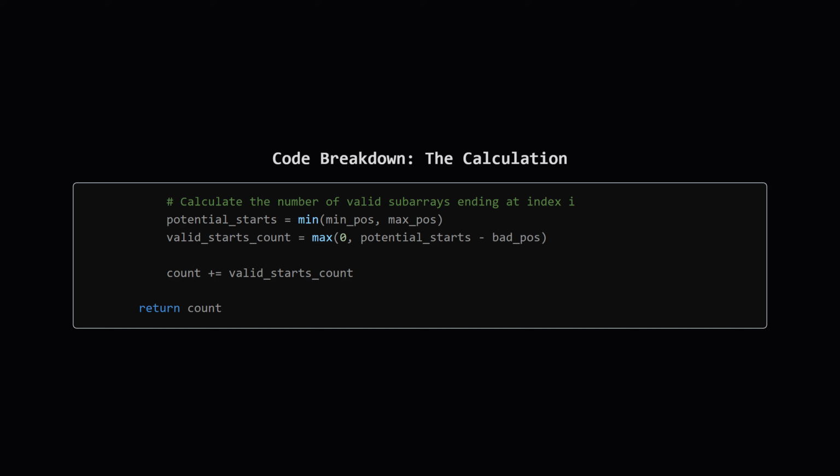That count is potential_starts minus bad_pos. We use max(0, ...) to ensure we don't add a negative number, if, for example, we haven't found both minK and maxK within the current valid window, i.e., since the last bad_pos. Finally, we add this valid_starts count to our running total count. After the loop finishes, we return the total count.